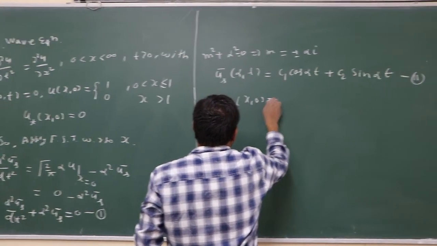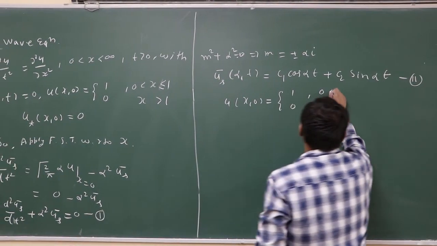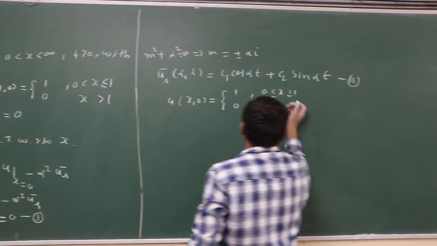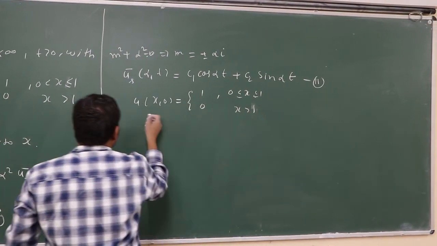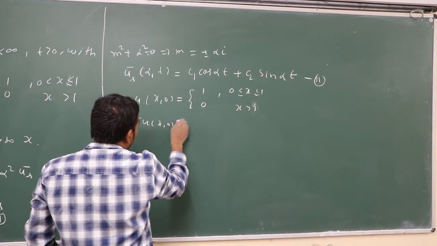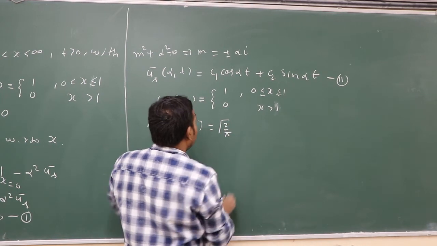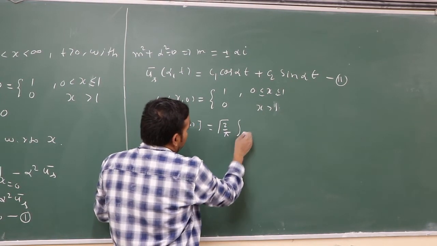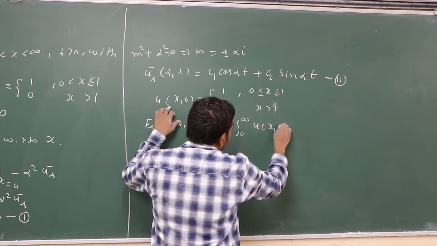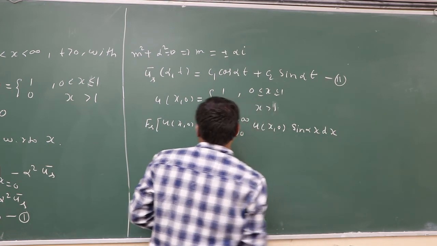And given that u x 0 equal to 1 for 0 to 1 and 0 elsewhere, call it 3. So apply the Fourier sine transform: under root 2 upon pi, integral 0 to infinity u x 0 sin alpha x dx.